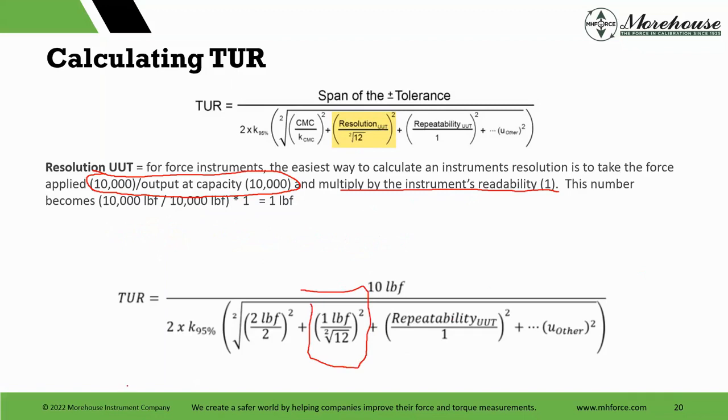This comes from M3003, which basically says a resolution would assume a rectangular distribution, since we have an equal probability. Sorry for my bad sketch. If I have a digital instrument that's 1 pound, half of my readings are going to be between 0.1 and 0.4, and the other half between 0.5 and 0.9.